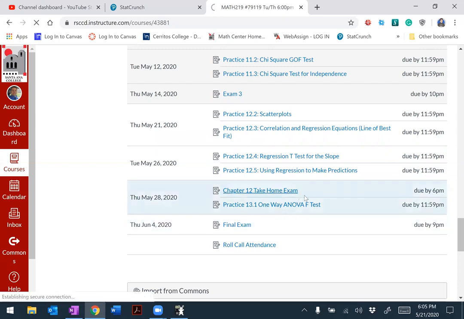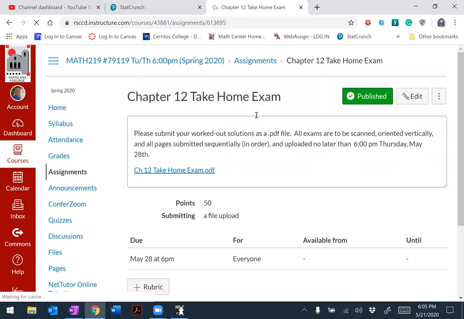Again, make sure that you are aware that the chapter 12 take-home exam, you need to download this, print it off, and then upload it as a PDF. Whether you want to scan that or take a picture of it and turn it into a PDF, or embed the images of the work that you did into a Word document, I'll accept Word as well, but you can convert Word to PDF real easy.